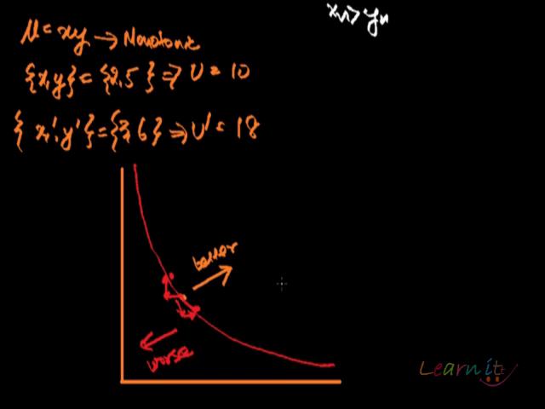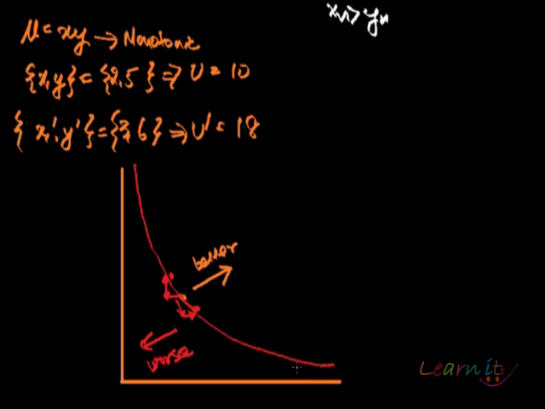And this is because of the monotonicity assumption. Okay. If you move anywhere up and to the right, you must be moving towards a better position. If you move down and to the left, you're moving towards a worse position. So if you are moving to an indifferent position, you must be moving either towards the left or towards the right, like this. Okay, either towards left and up or towards right and down.